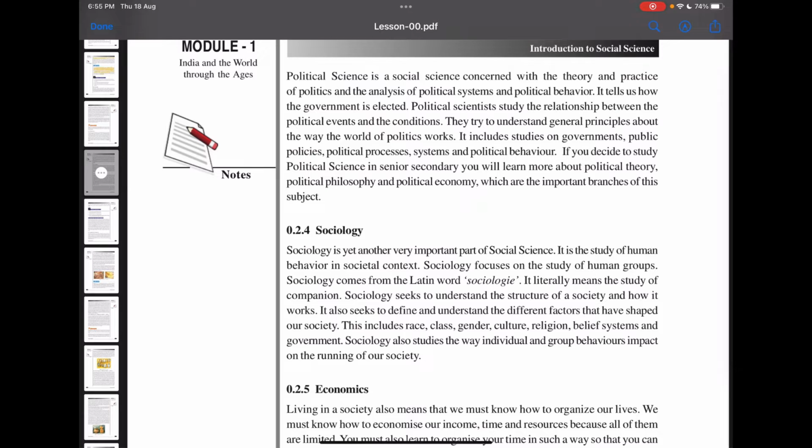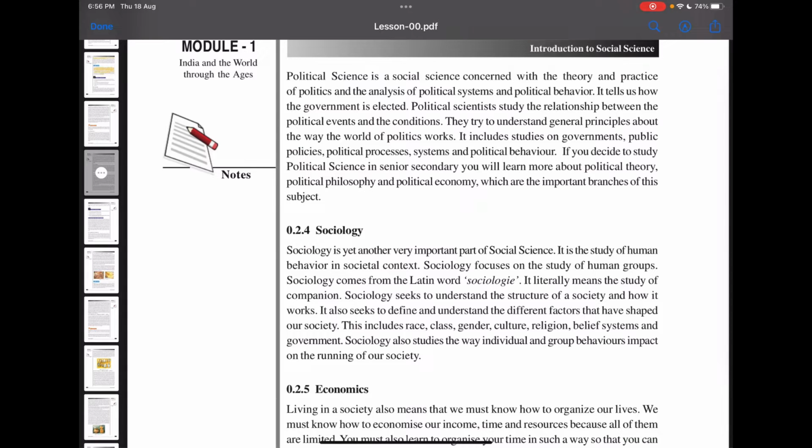It includes studies on governments, public policy, political process, systems and political behavior. If you decide to study political science in senior secondary, you will learn more about political theory, political philosophy and political economy, which are the most important branches of this subject.